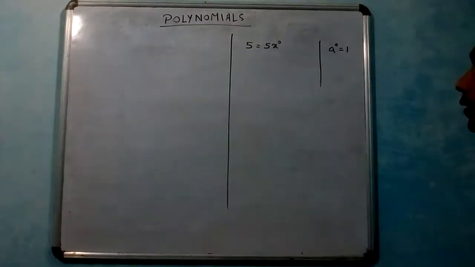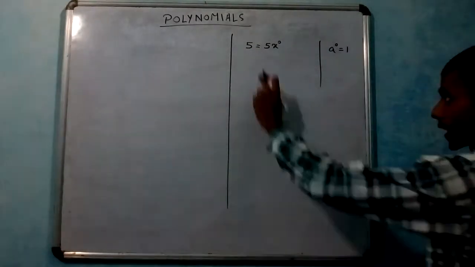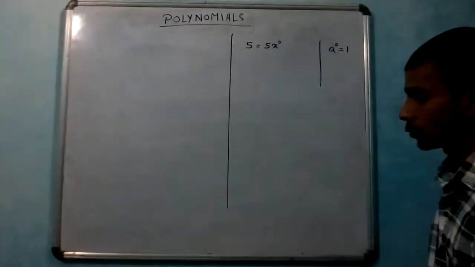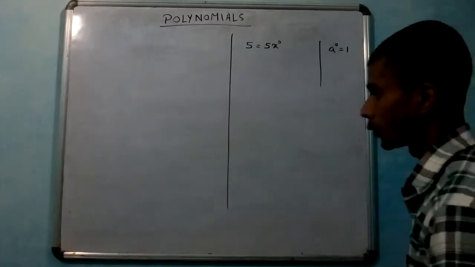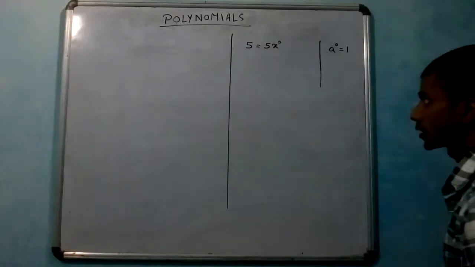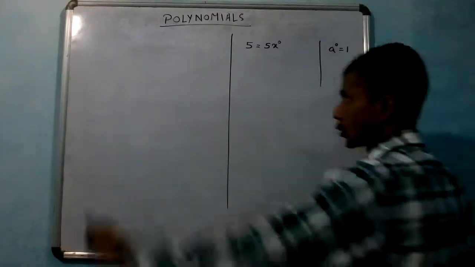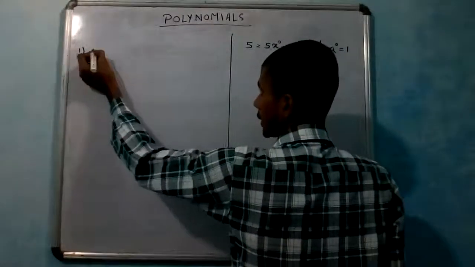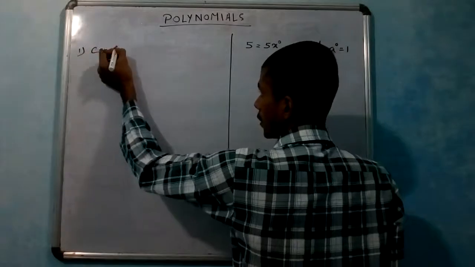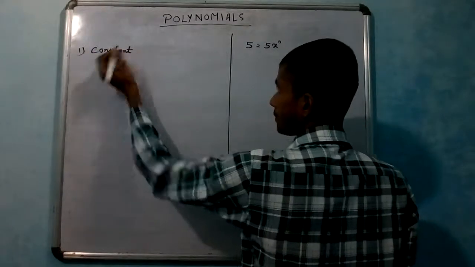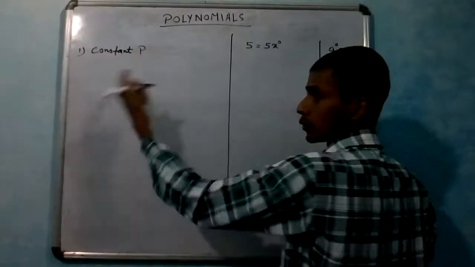Now since 5 is actually a constant, we have seen that 5, 4, 3, -1, -2, 0, all these are constants. So we have one term called constant polynomial.